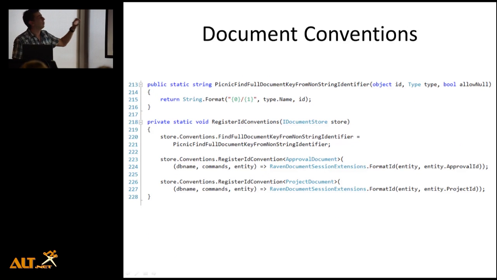The other part of this is the document conventions. We happen to use nice, strongly typed identifiers for each of our documents. So the job and the project ID are their own types. We can't get them mixed up. They're just GUIDs. We just have to do some manual work. In the real file, it's as long as all the documents we have.